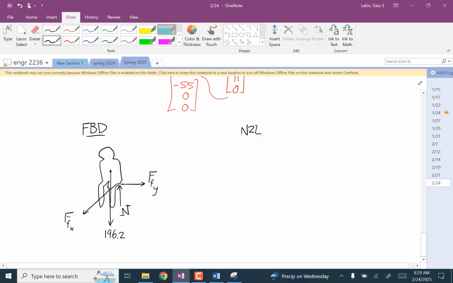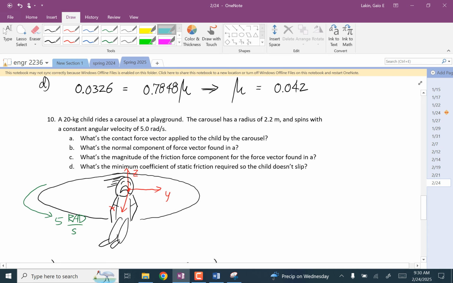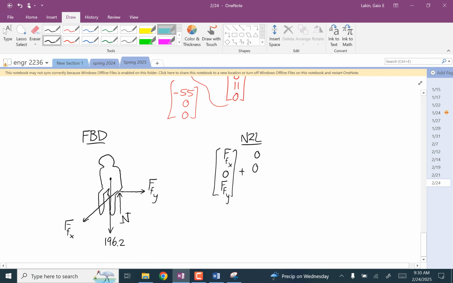Okay, so now we'll go to Newton's second law. And it says F, X, F, Y, nothing for Z, plus Z is up, so 0, 0, N. Why is Fy in the Z spot? Because I made a mistake.